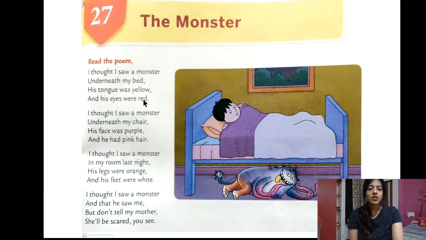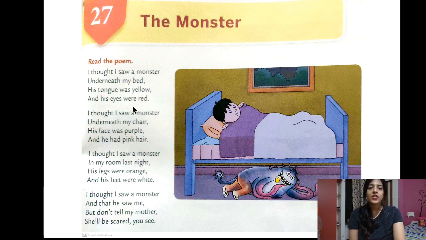His tongue was yellow and his eyes were red. So you know the body parts. So his tongue was yellow and his eyes were red. I thought I saw a monster underneath my chair. So the poet even thinks that he must have seen the monster underneath his chair.